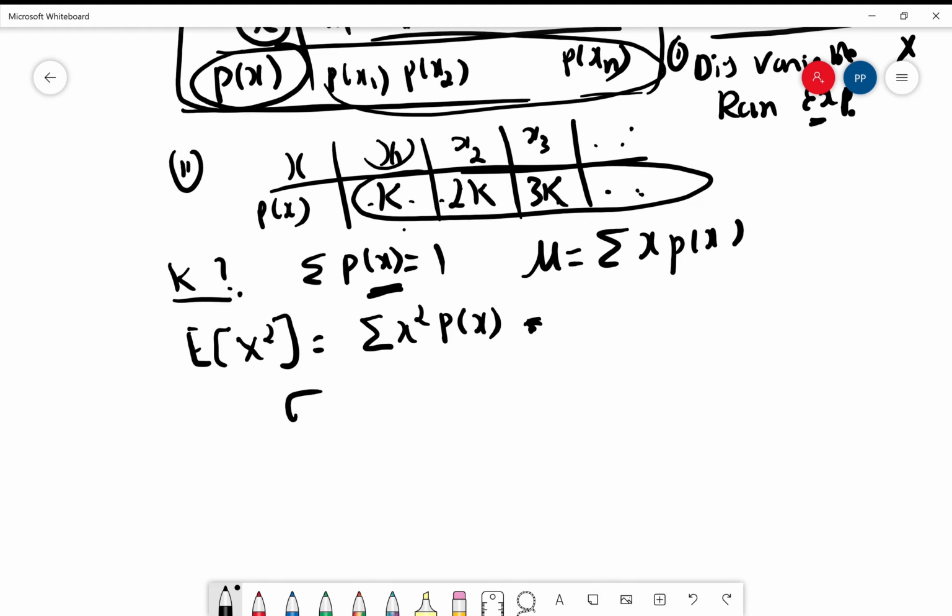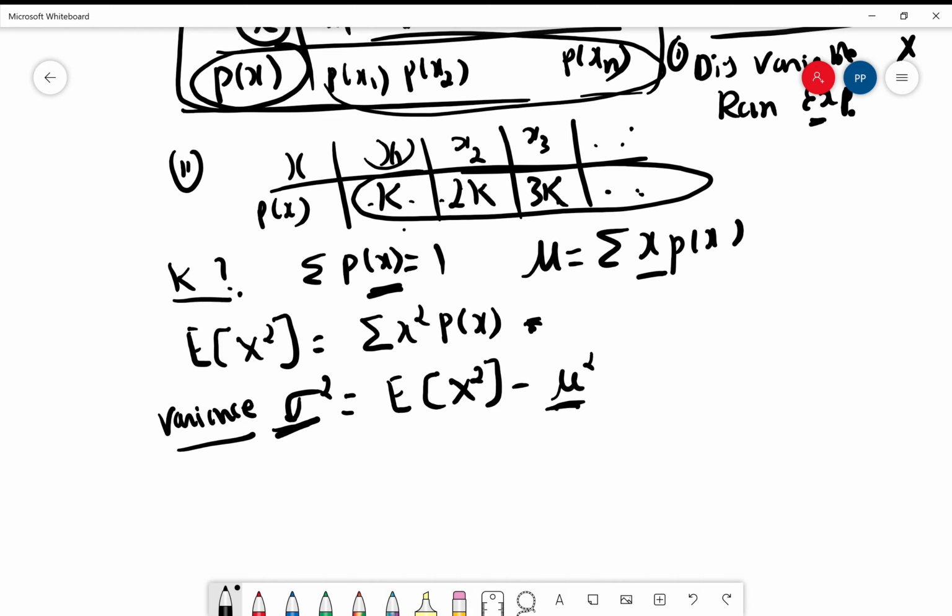Then sigma square is given by E of x square minus mu square. Mu is already found here, you substitute here, and E of x square, to get the variance. This is the variance. Suppose you want the standard deviation, take the positive square root of the variance to get sigma.